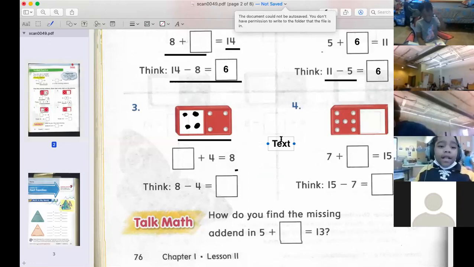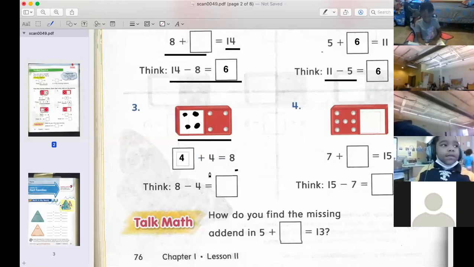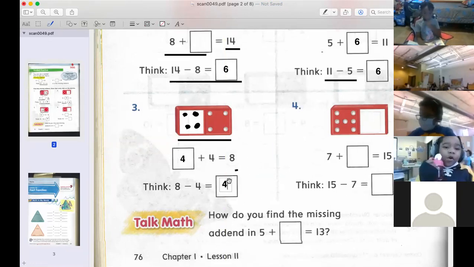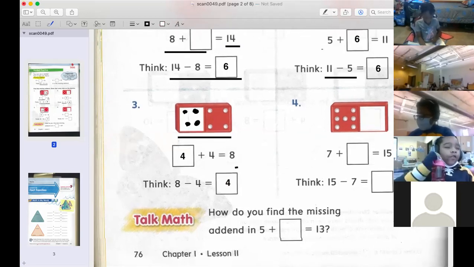Okay, so 4 plus 4 equals 8. So 8 minus 4 equals 4. So remember, we can turn it around to be a subtraction problem. Yeah, because 4 plus 4 is 8.